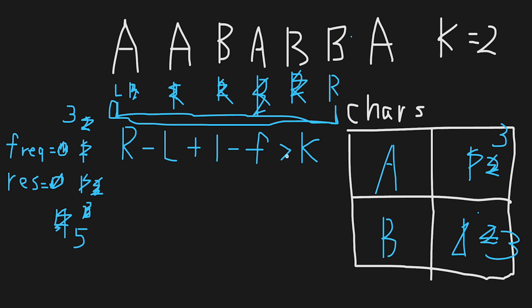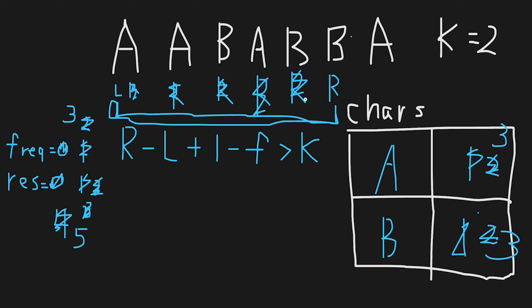In that case, we need to shorten the range, because usually we change the character that is not the most frequent character. So if this condition is valid, we cannot get the max length between the left pointer and right pointer.